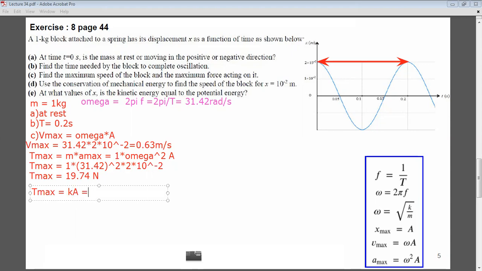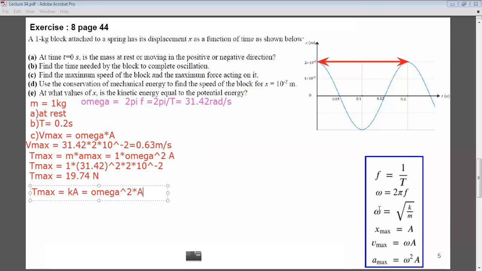Okay, I have omega from above, and then I get the K, and then I plug it in this equation, and I get my T maximum.